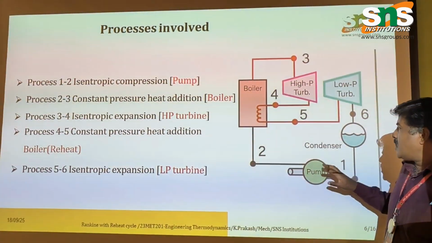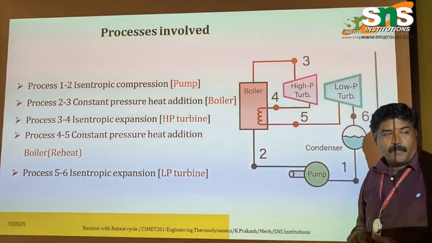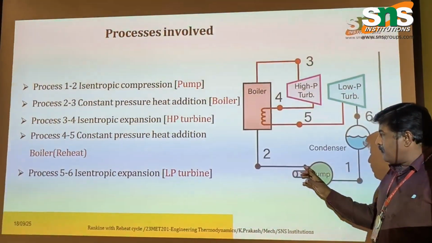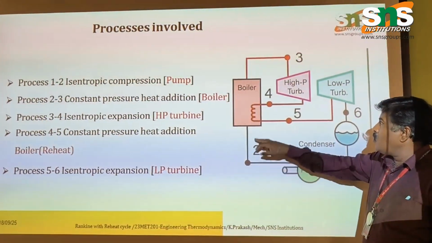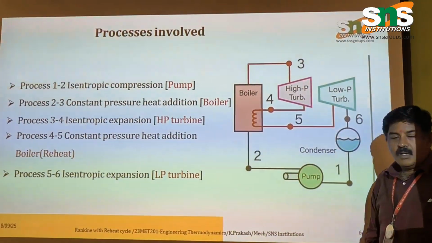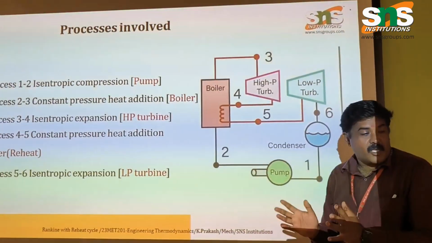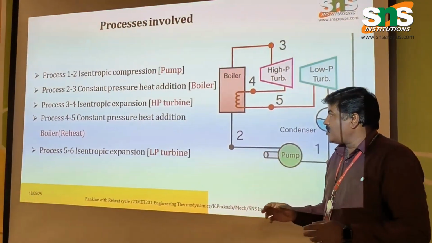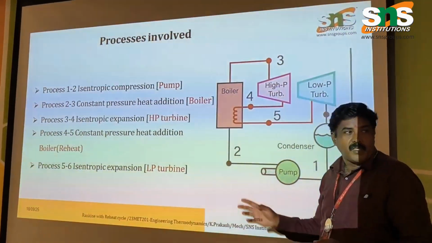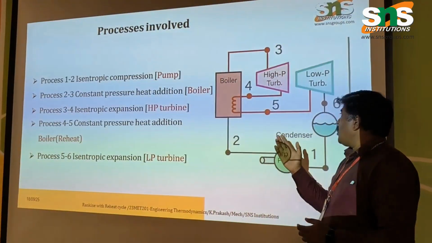Now the process: 1 to 2 is an isentropic process, where water is pumped. Then 2 to 3, we heat the water at constant pressure. Next comes the turbine: first a high pressure turbine and then a low pressure turbine.